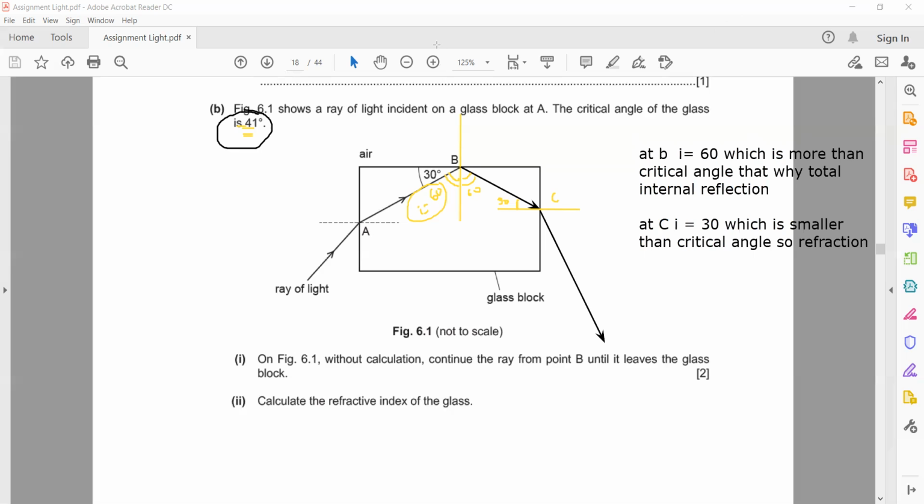Now calculate a refractive index. How to calculate a refractive index? If we know the critical angle, the formula is refractive index equals 1 over sine C. So refractive index we don't know, and the critical angle is 41. So 1 divided by sine 41.